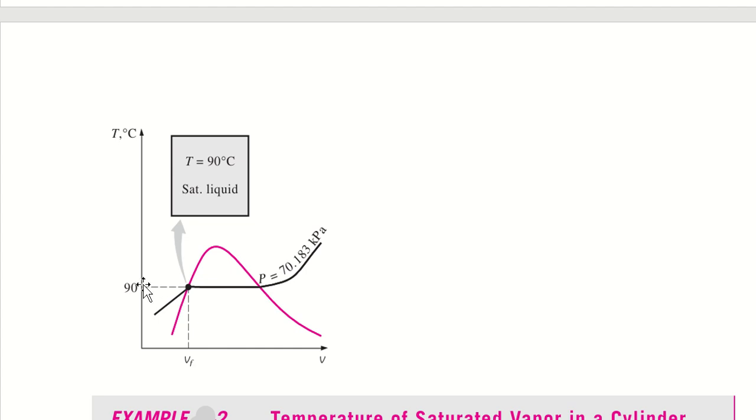And once you hit the temperature of 90 degrees Celsius, the water is going to hit the boiling line, which is the saturation line.